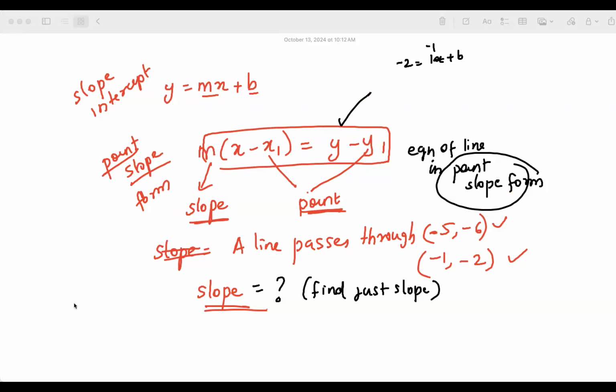Akshada, the equation you gave is correct, but that is in slope intercept form. Okay, we'll see how to write in point slope form.